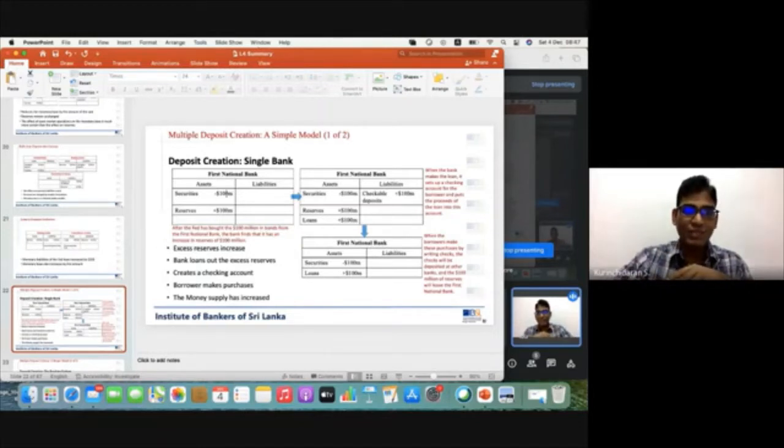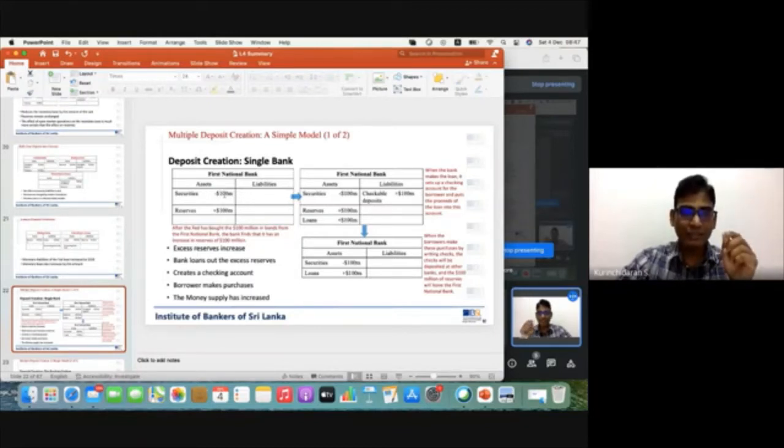Now let's assume the First National Bank, first table. The central bank buys securities from a bank. So if you take this First National Bank as the bank, they are going to lose their securities, minus 100 million. What will happen?